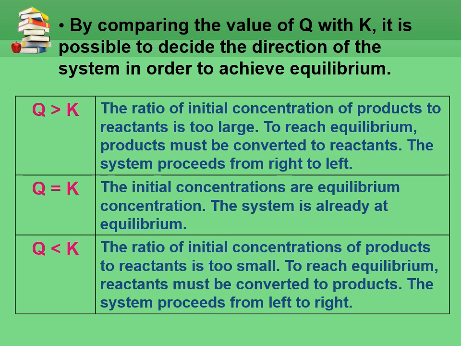If you calculate the Q is larger than K, in order to reach equilibrium, the system will proceed from right to left. If the Q is equal to K, the system is already at equilibrium. If the Q is less than K, the system will proceed from left to right.